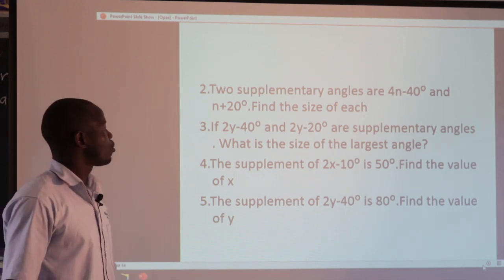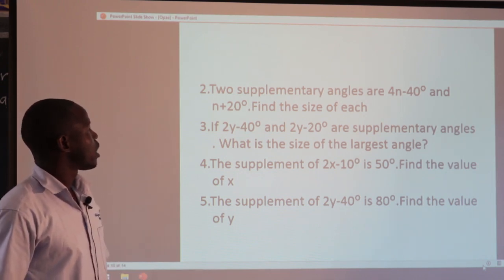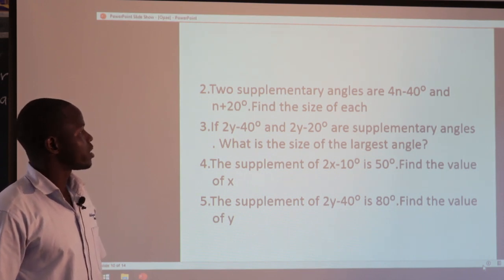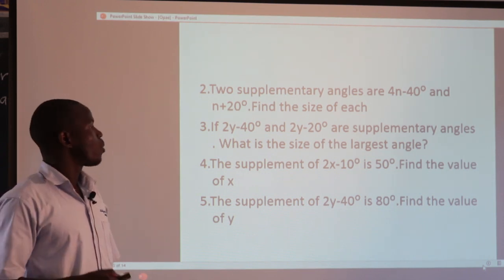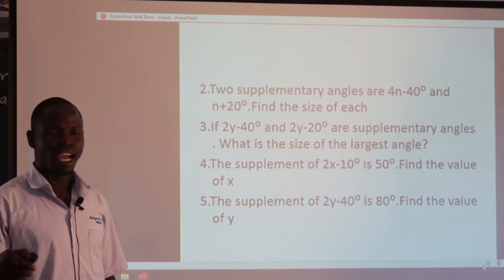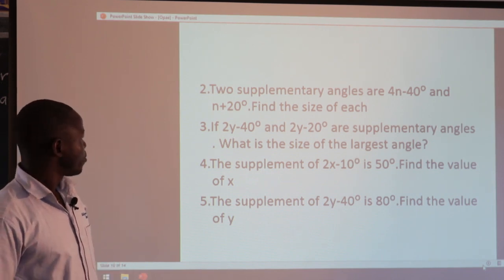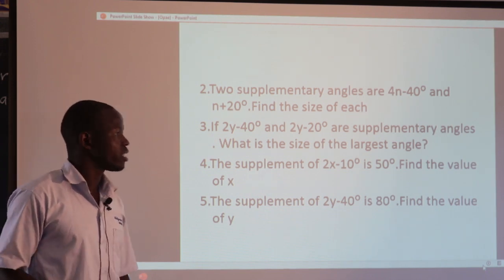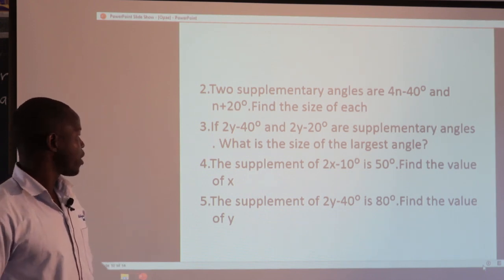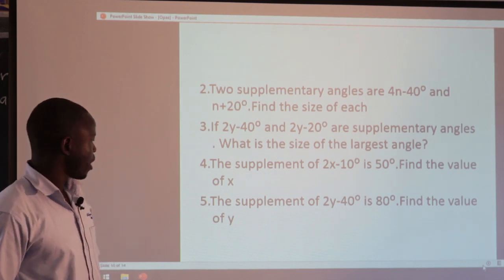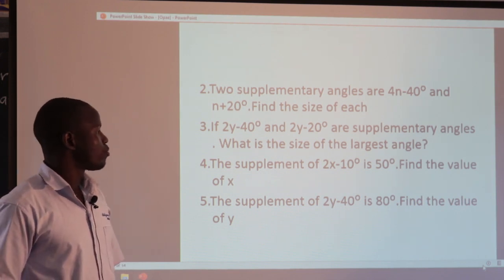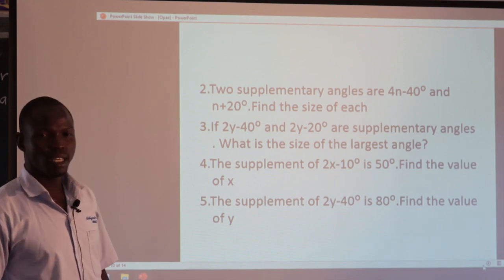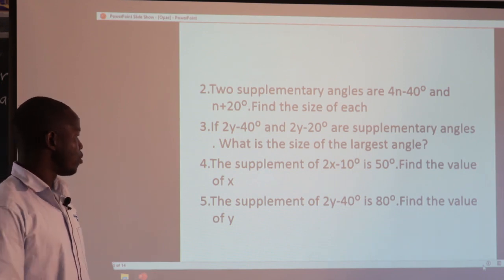Number 3, if 2y minus 40 degrees and 2y minus 20 degrees are supplementary angles, what is the size of the largest angle? Number 4 says the supplement of 2x minus 10 degrees is 50 degrees. Find the value of x. Number 5 says the supplement of 2y minus 40 degrees is 80 degrees. Find the value of y.